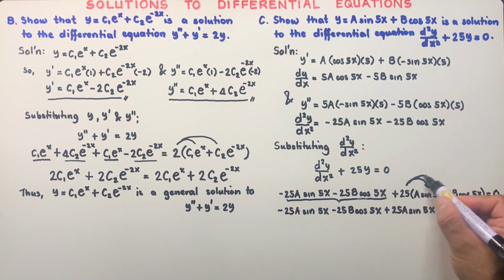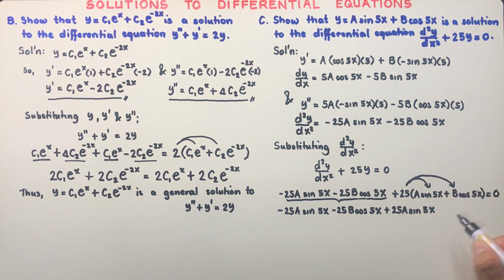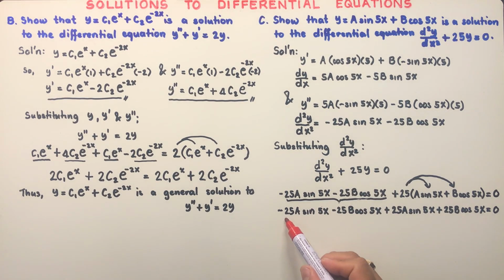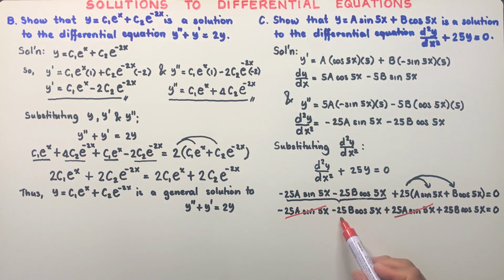And then multiply 25 to the second term, we have plus 25b cosine 5x, and the whole thing is equated to 0. And you see that this one and this one cancel each other, and so with this one and this one. Now what will remain is just 0.